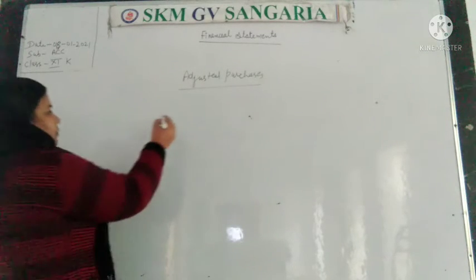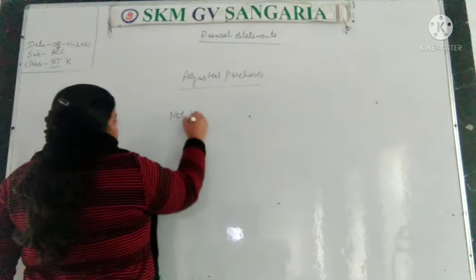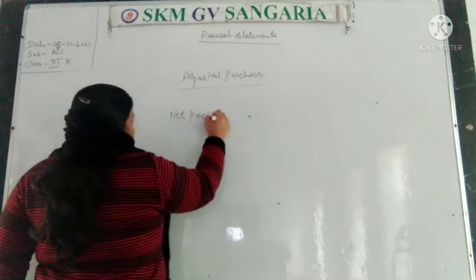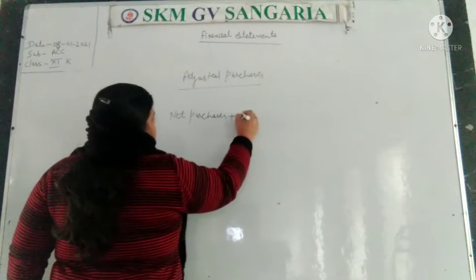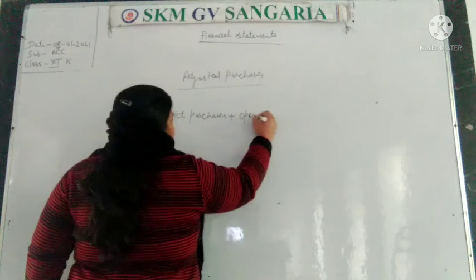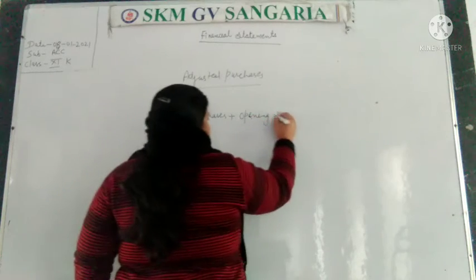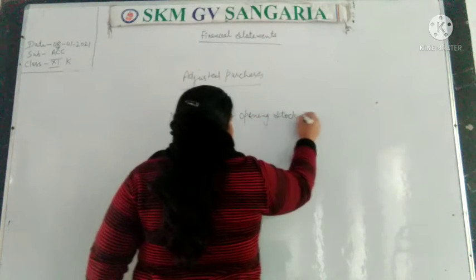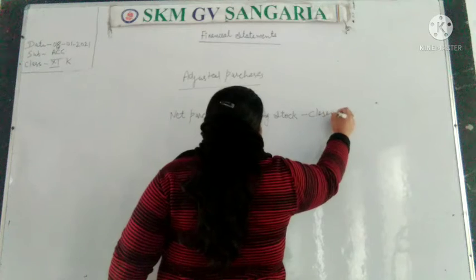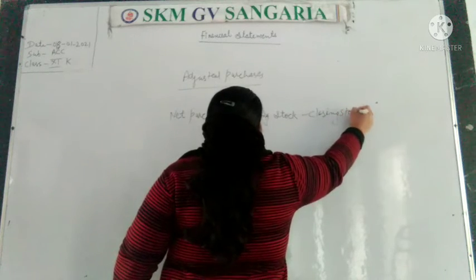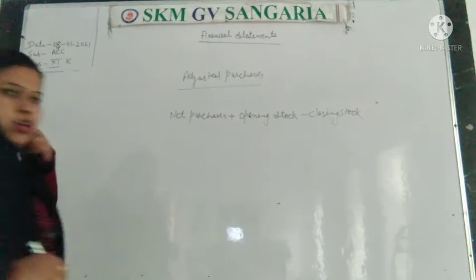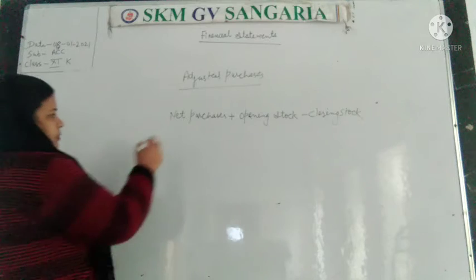That is net purchases plus opening stock minus closing stock. This is the formula for calculating the adjusted purchases.